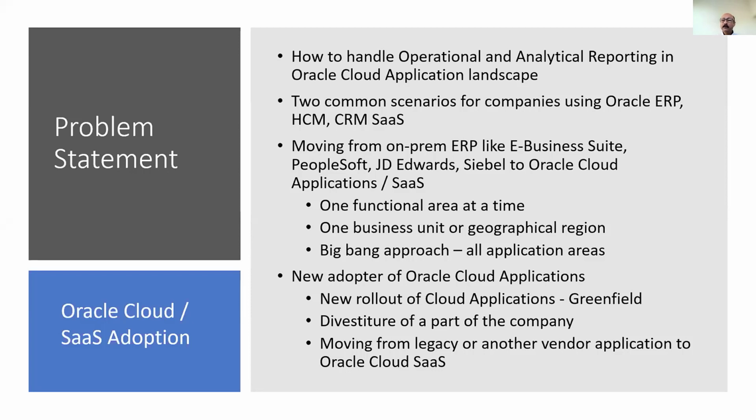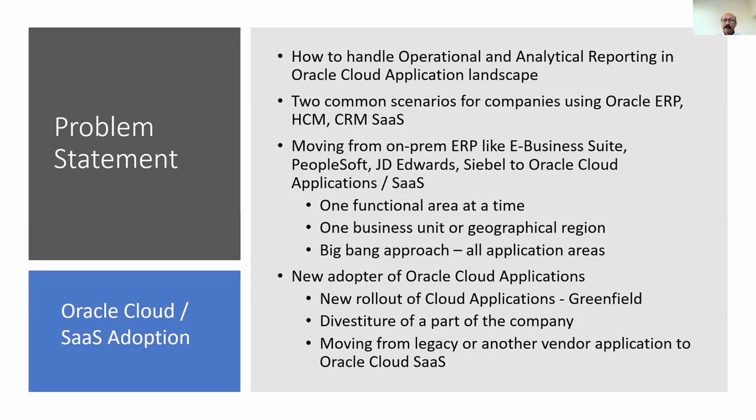Either they are moving from legacy or on-prem applications such as EBS or PeopleSoft, JD Edwards, Siebel, and some combination of other applications on-prem, and they have a fairly mature reporting and analytics state. And they're moving maybe one functional area at a time. Maybe they adopt HCM first and then move the rest of the ERP at a later time. Or they might say a certain business unit or a geographical area will adopt the cloud applications.